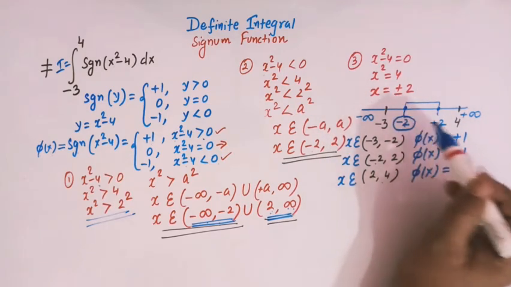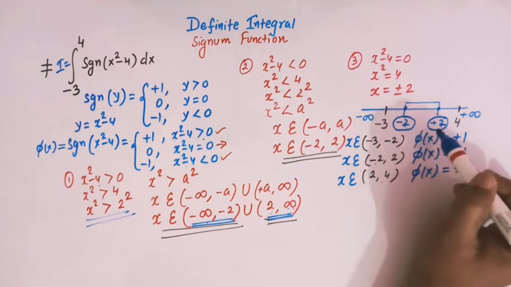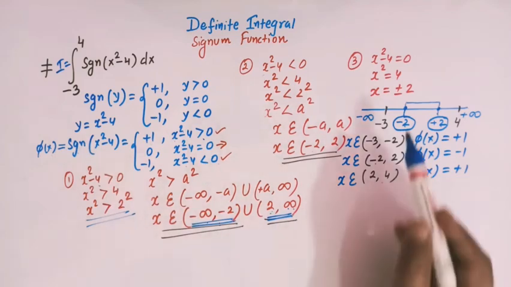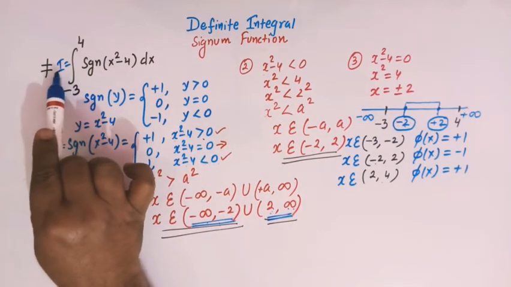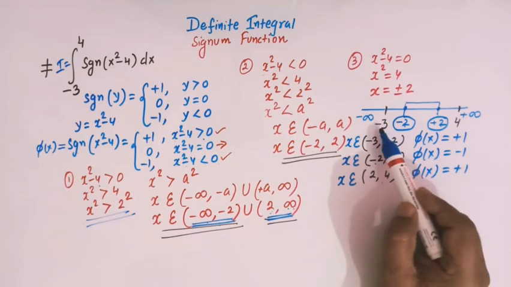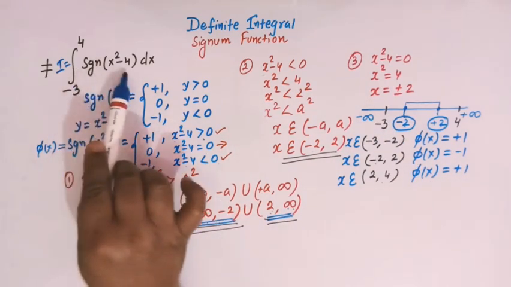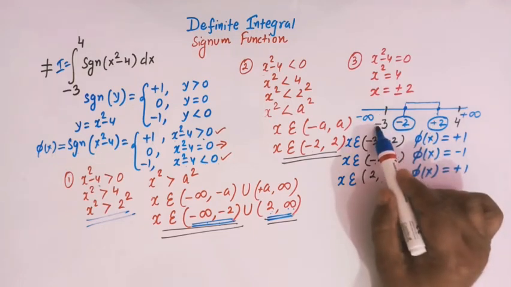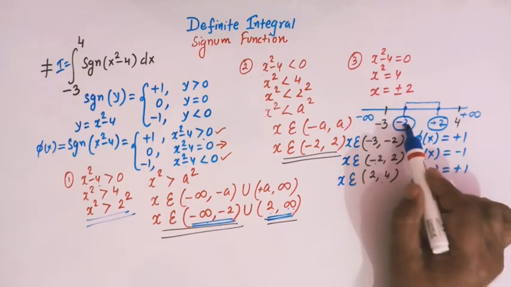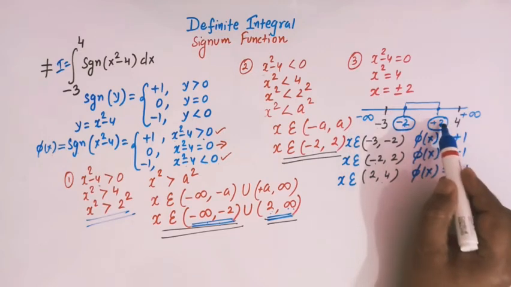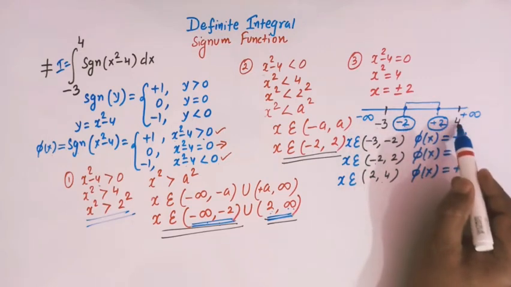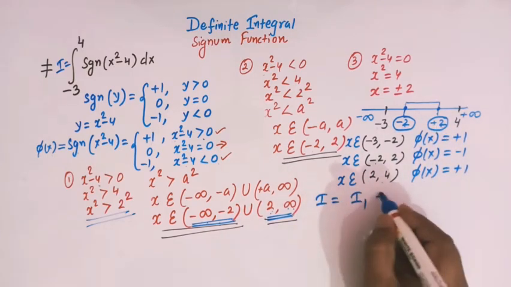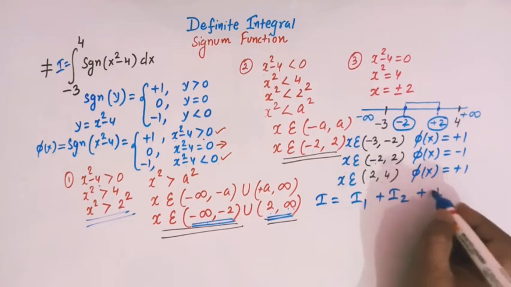These 2 points, -2 and 2, are the points where we have to break the limit, or in other words, where we have to break this integral I. So we split this integral as a sum of 3 integrals: the first from -3 to -2, the second from -2 to 2, and the third from 2 to 4. So we can write I as I1 + I2 + I3.